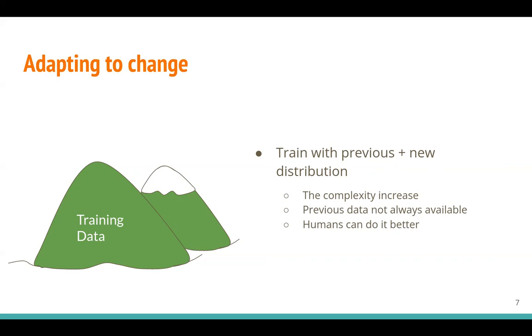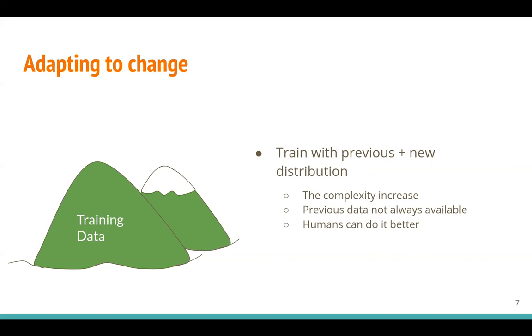Because of company policies or because we lost the data or privacy concerns, we don't always have information of previous distribution or previous data. So what we have, maybe we can have like a small percentage of it or something like that.